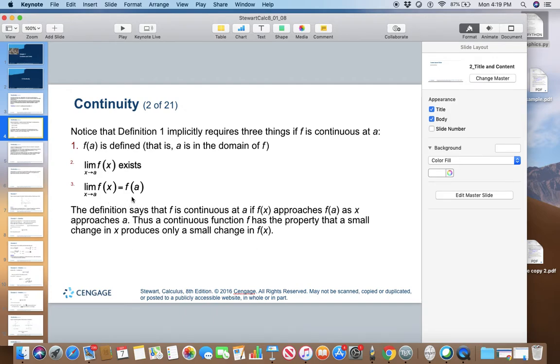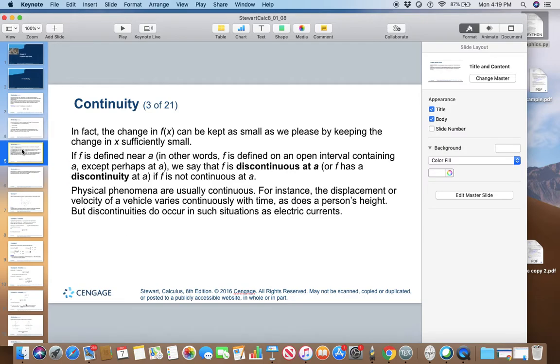The limit has to be equal to the value at a. The change in f(x) can be kept as small as we please by keeping the change in x sufficiently small. This you will see when you see a picture. It's difficult to explain without a picture. Let's come to a picture and then we'll talk about it.